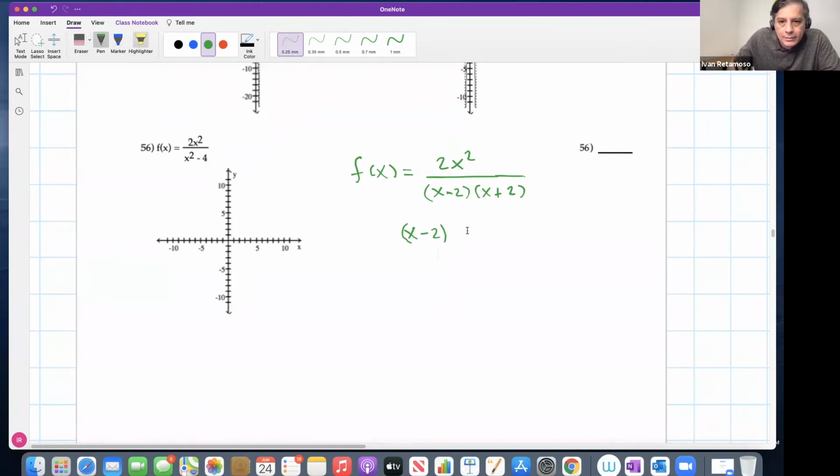The vertical asymptotes are very important here. x minus 2 equals 0 leads to x equal 2 as a vertical asymptote. And x plus 2 equals 0 leads to x equal negative 2 as a vertical asymptote. Two vertical asymptotes. So quickly, just put them there. 1, 2 here. This is one vertical asymptote.